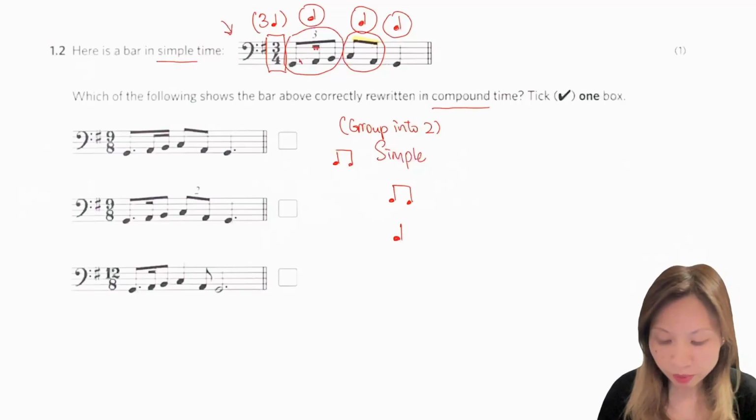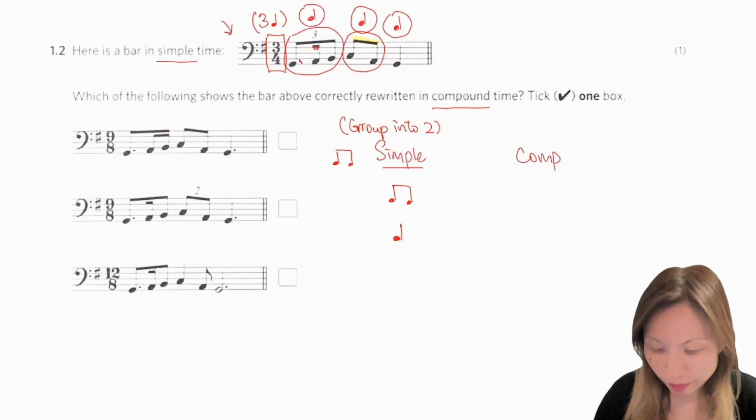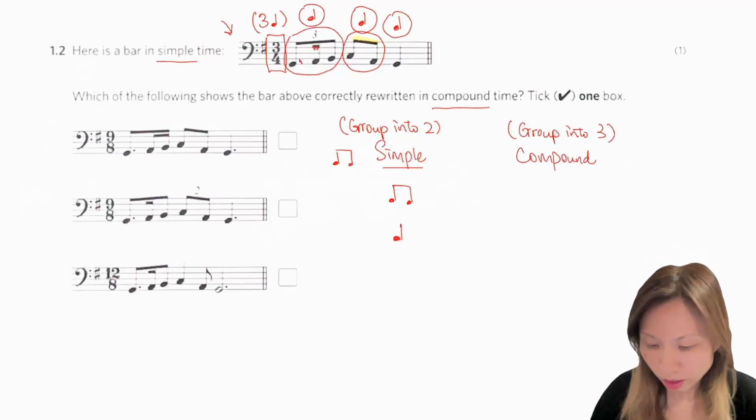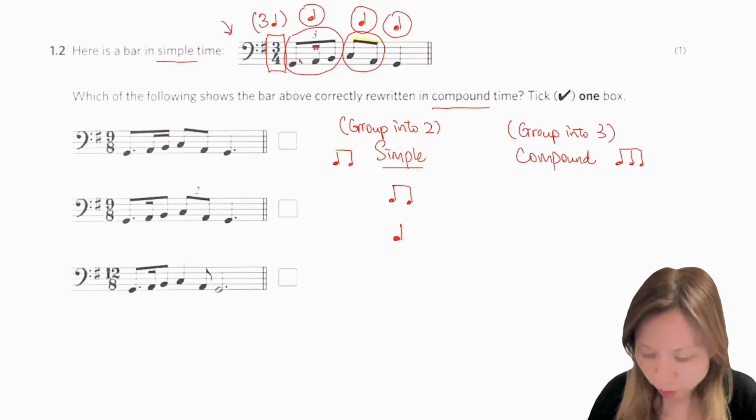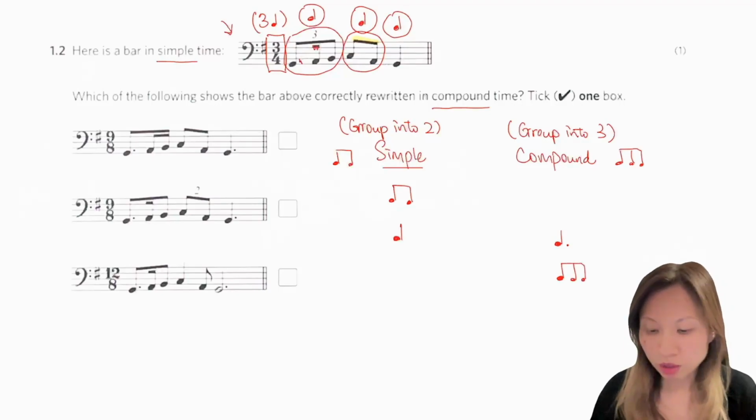This is just an example, so this is simple time. Now, and in compound time, notes are grouped into 3 like this, so 3 of them together in one group, which means the beat would now be dotted crotchet beats. So 3 in a group, because now you've got 3 quavers in a beat, right?